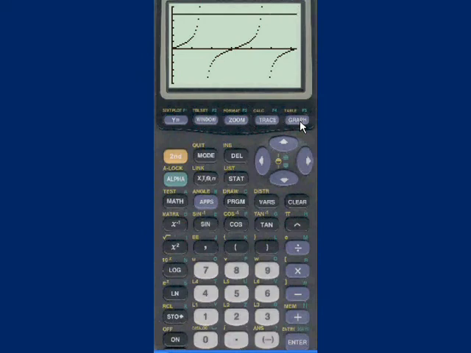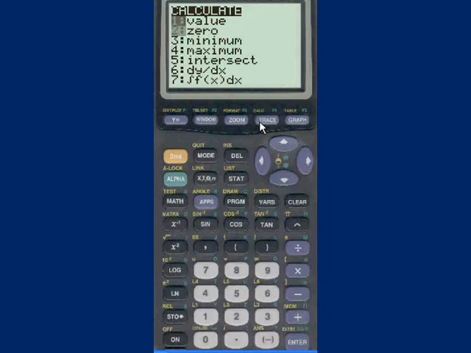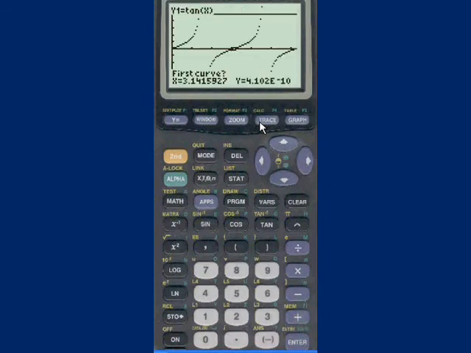Okay, and you see that it intersects in 2 places, so we'll go ahead and do the calc, intersect, and we can make that our first curve. Oh, I guess there actually are only 2 curves. Okay, so that's our first curve, that's our second curve, and we'll guess it down at the first intersection, which happens at 1.37.